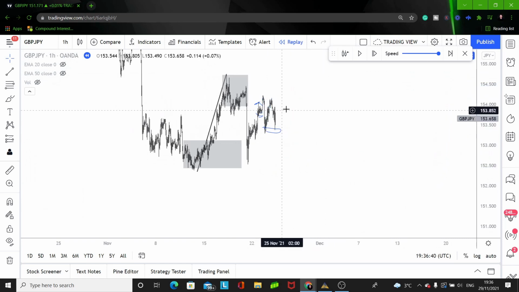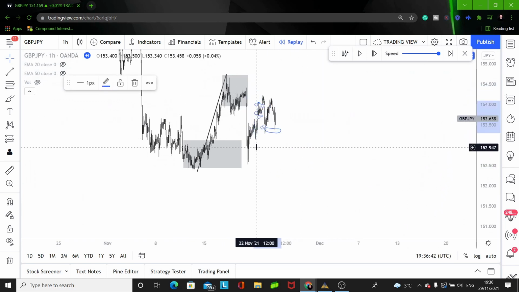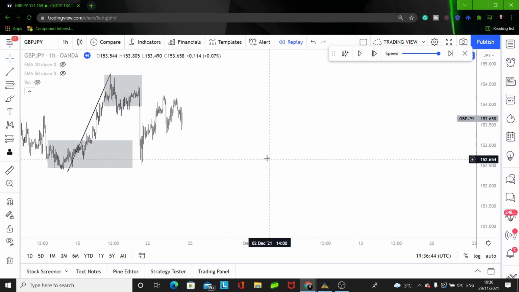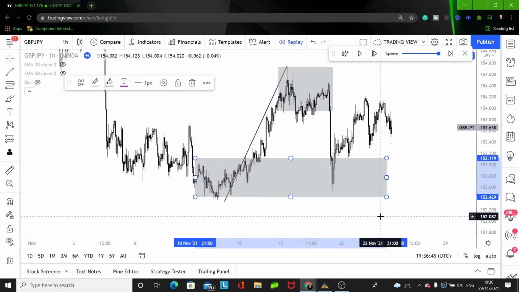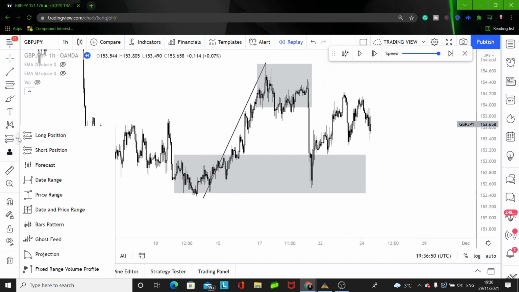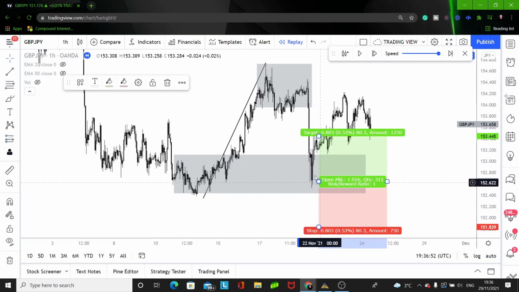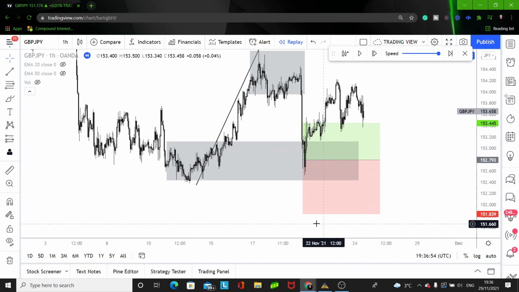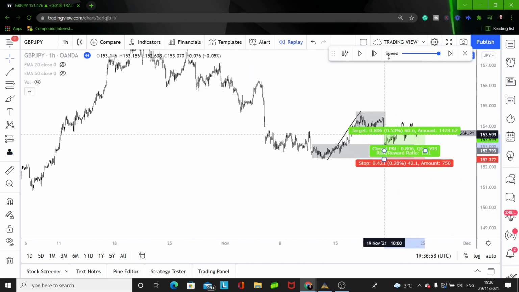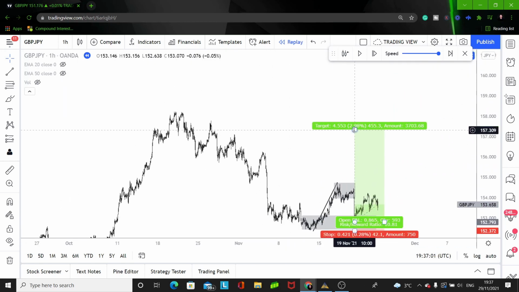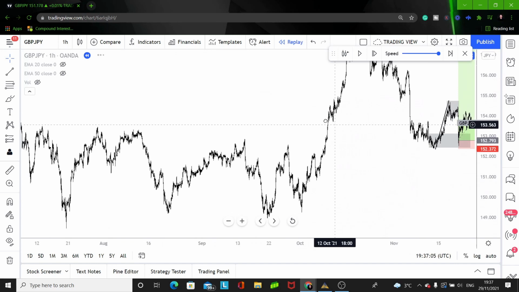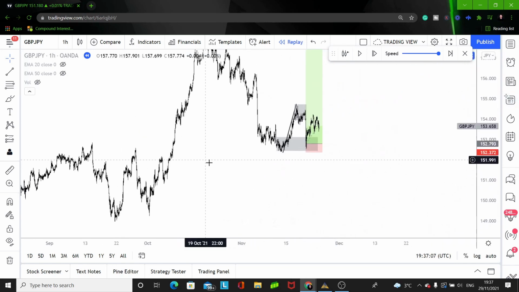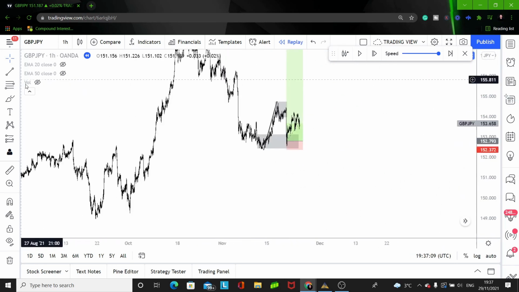Now, the danger is when you look at this and think, right, I'm going to buy here, right in the middle of my demand zone, and then I'm going to shoot for targets right up here for no apparent reason. Not necessarily a bad trade.